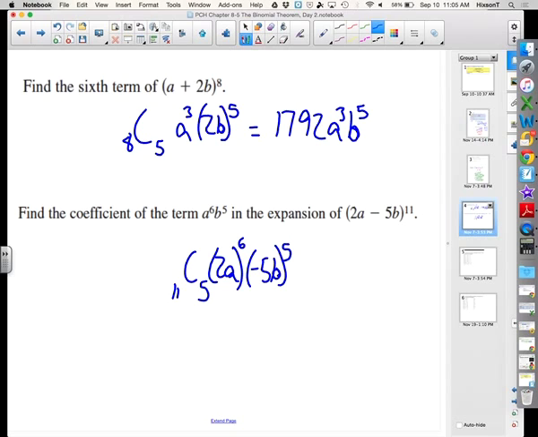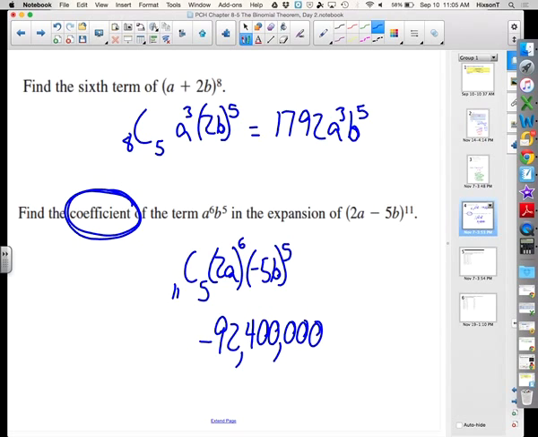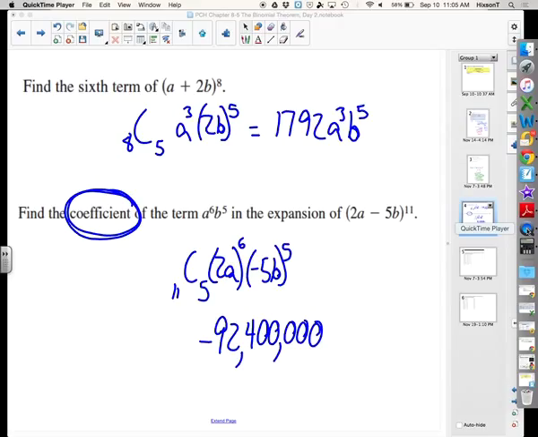It asked for just the coefficient, so you only needed the number, and it was a negative 92,400,000. That sounds right. There we go. So, do some practice with the independent practice, and we'll see you tomorrow. Have a great day.